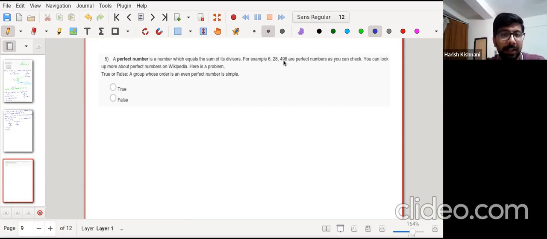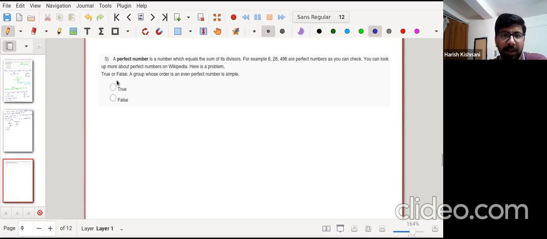The same holds for 496, you can check. So these are perfect numbers. You can search more about it on Wikipedia.